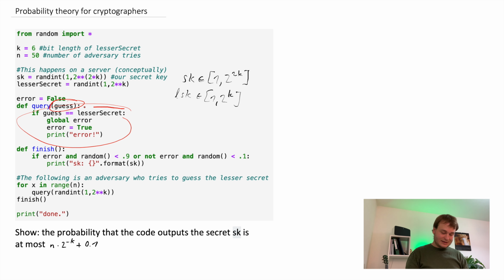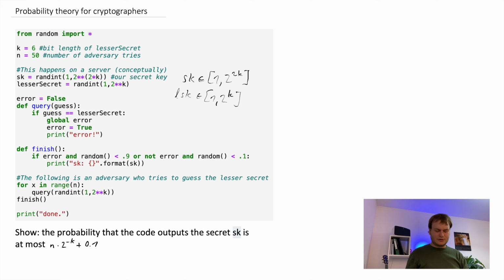And if this guess is actually equal to the lesser secret, then some sort of error occurs, and the error flag is set to true. Then after this query phase, the adversary will call finish. And then, depending on all of the server state, the secret may or may not leak. Either the secret key is printed here or it isn't.